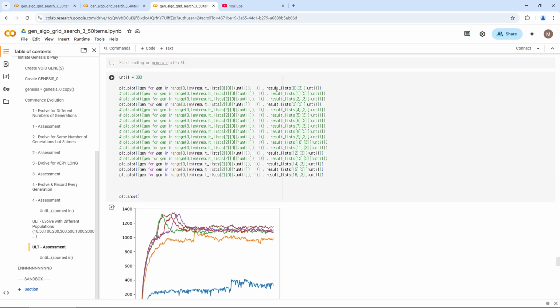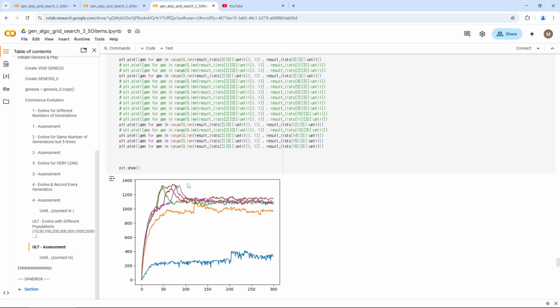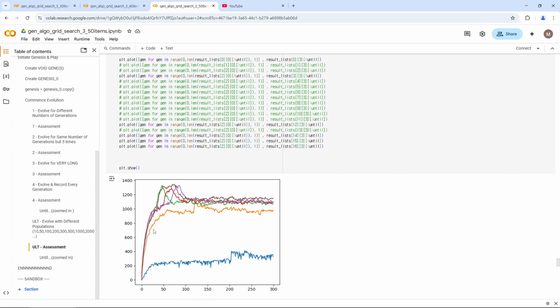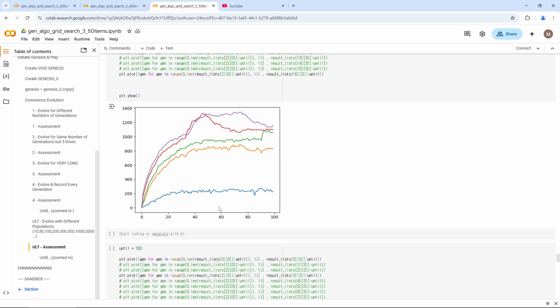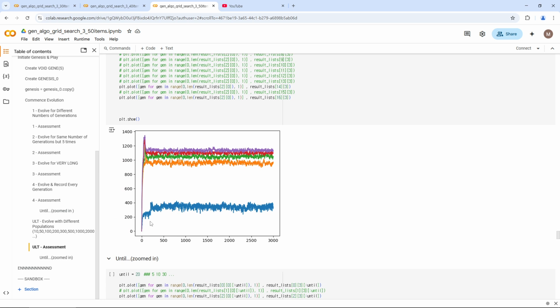This is 10, 50, 100. This is 200. I think this orange line is for population 200. Even for 200, it peaks and then falls and plateaus out. There's still a dip. Interestingly, for population 10, there never seems to be a dip. There's only a peak and then it just plateaus.